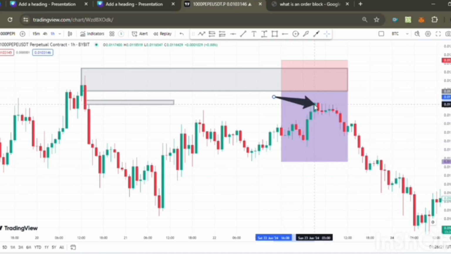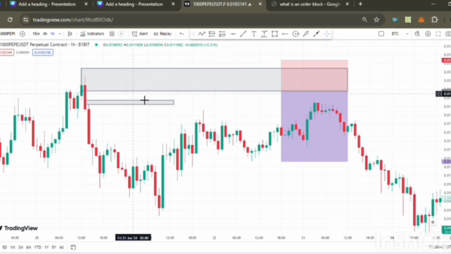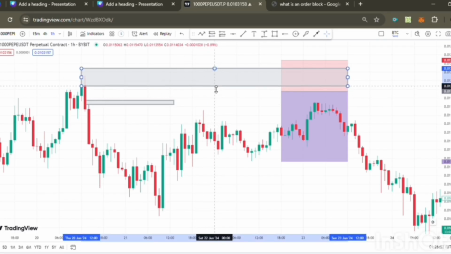Now the other form of entry is the upper body entry. So instead of placing the entry at the middle of the bullish candle, I will drag it to touch the upper body. Remember this upper body.